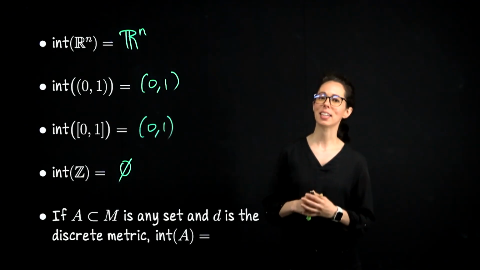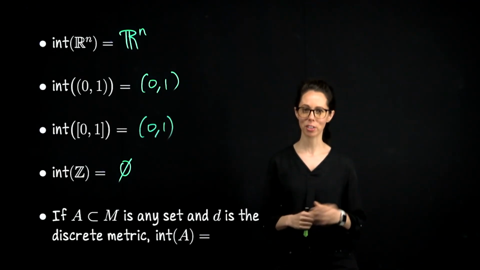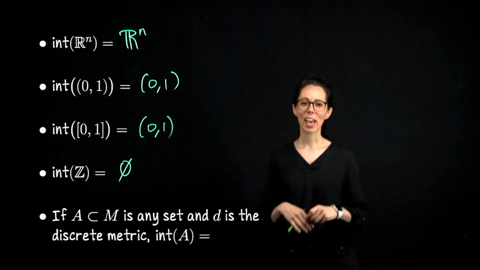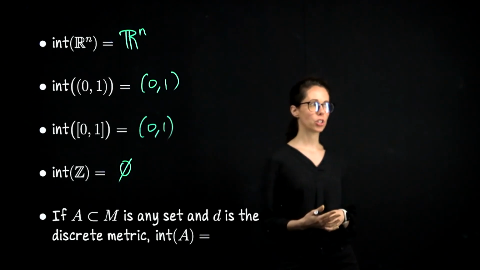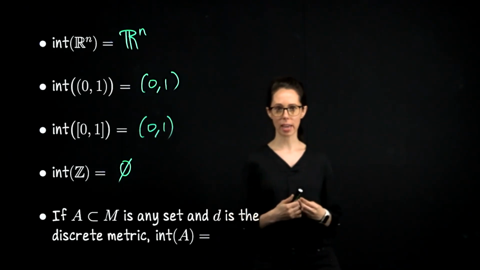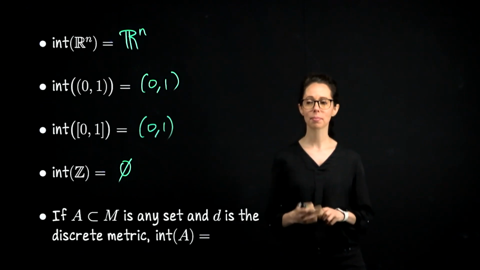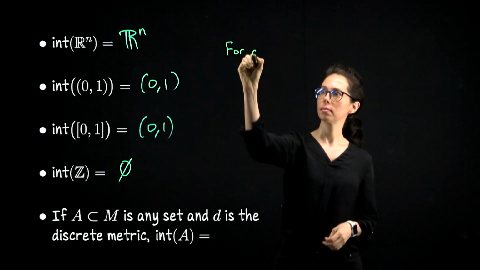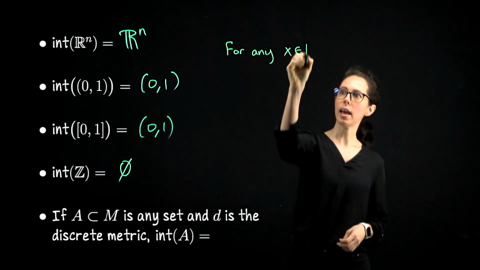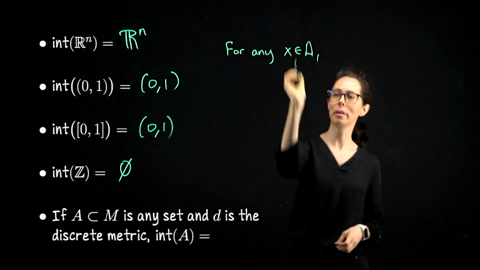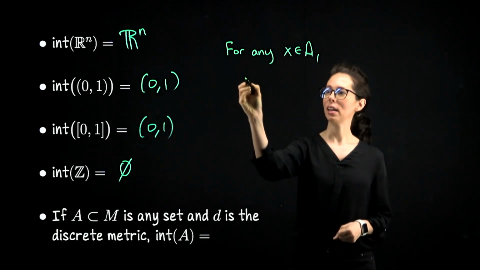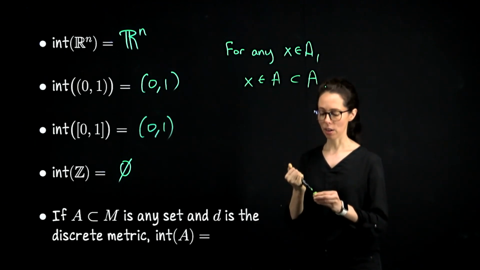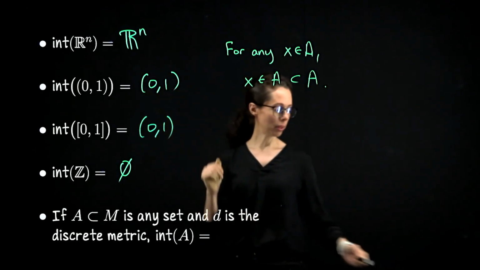At the beginning of the lesson, I said a bunch of terms that I expect you to be able to define in the moment. The discrete metric should have been on that list. And when you think about the discrete metric, you should remember things like any subset of a discrete metric space is open. So what we can say is for any x in A, x is in A, which is a subset of A. And notice that's a lot like how I started with this example.